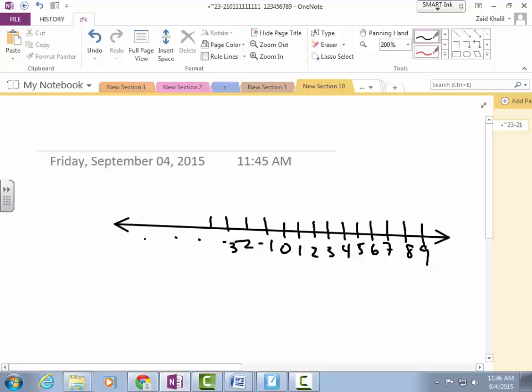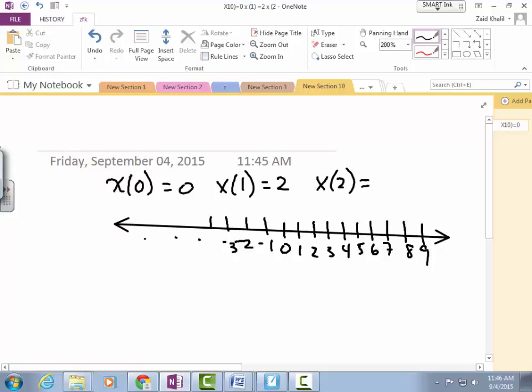Right? So notice at time equals 0, x of 0 equals to what? You can just read it off: x of 0 is 0, x of 1 is 2, x of 2 is 7, x of 3 is 1. So notice, is the time axis drawn on this line, yes or no?